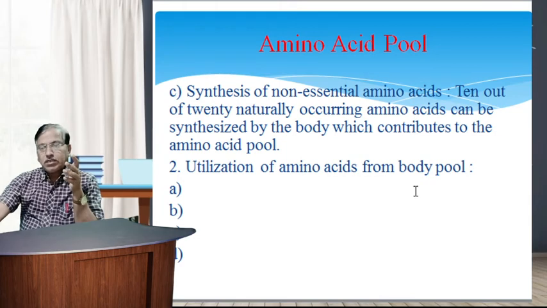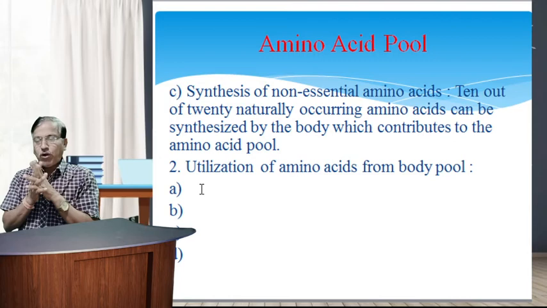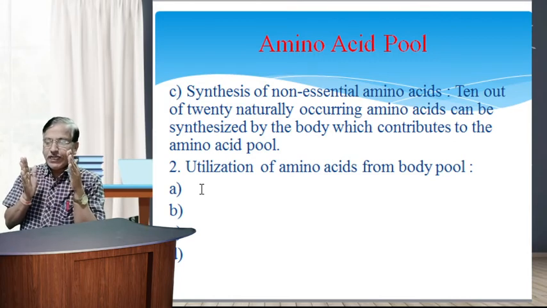In this, small a, most of the body proteins, 300 to 400 gram per day, are degraded and synthesized from the amino acid pool. This includes enzymes, hormones, immunoproteins, contractile proteins, etc.